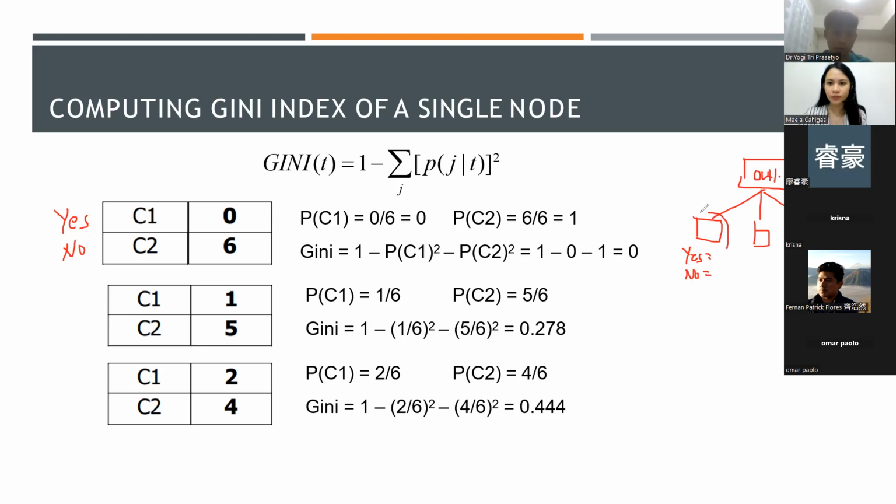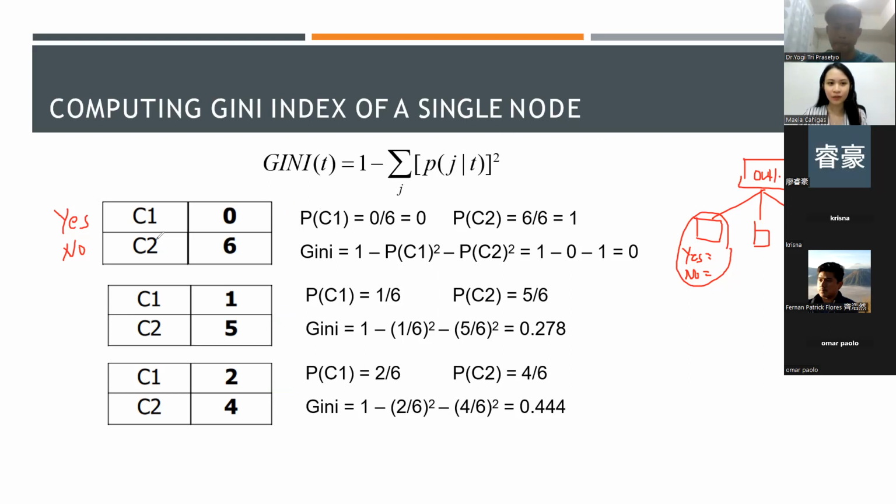So this would pertain to this one, and then the other one would pertain to another figure, and the other one would be pertaining to this one. So it's okay if they're not arranged properly as long as the computation is correct.